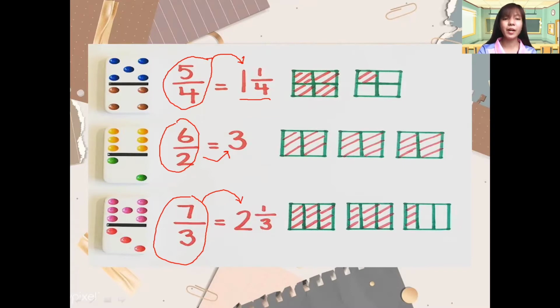So how many 3s are there in 7? There are 2 3s, right? That's why it's 2 here. And then what's the number left? It's 1. So 1, and then copy the denominator, right? Okay. So this is how you're going to simplify your answer.